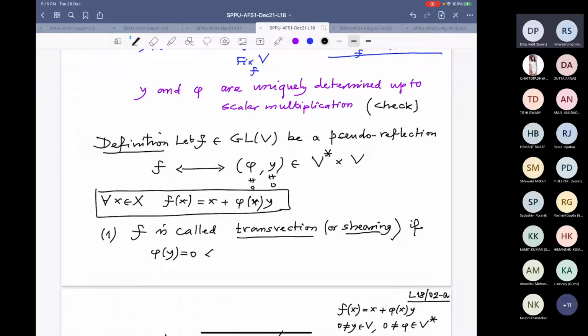Which is equivalent to saying this y belongs to the fixed space of F, V. See, phi(y) is 0, so F(y) equals y. So it is a fixed point. Then we call it a shearing.